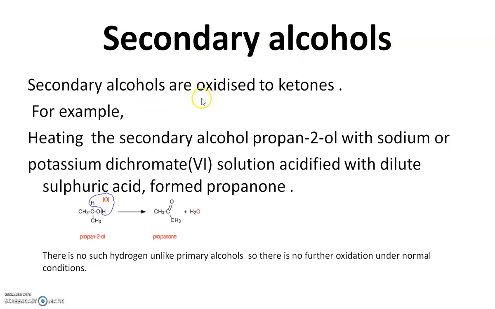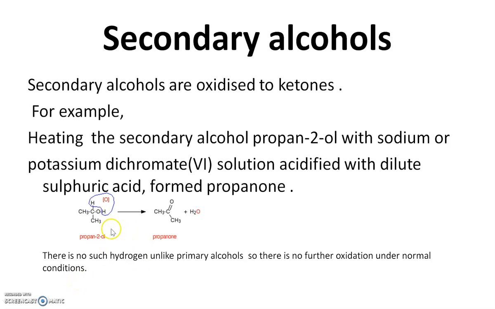Secondary alcohols are oxidized to ketones. For example, heating the secondary alcohol propan-2-ol with sodium or potassium dichromate(VI) solution acidified with dilute sulfuric acid forms propanone. There is no such hydrogen unlike primary alcohol, so there is no further oxidation under normal condition.